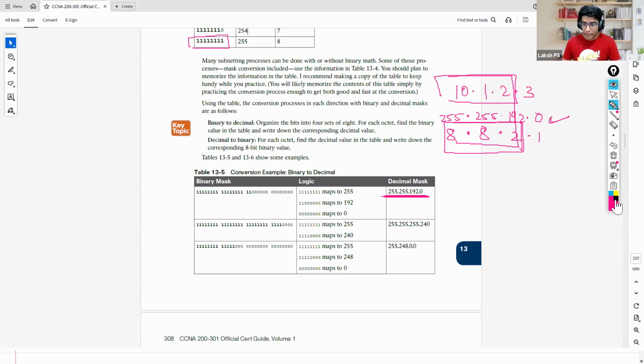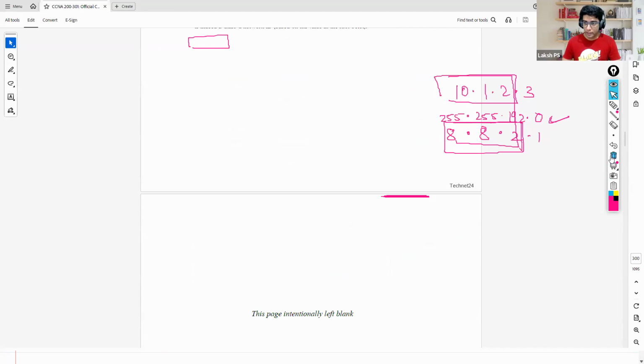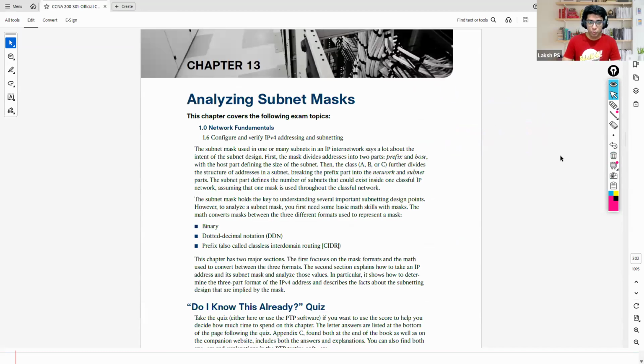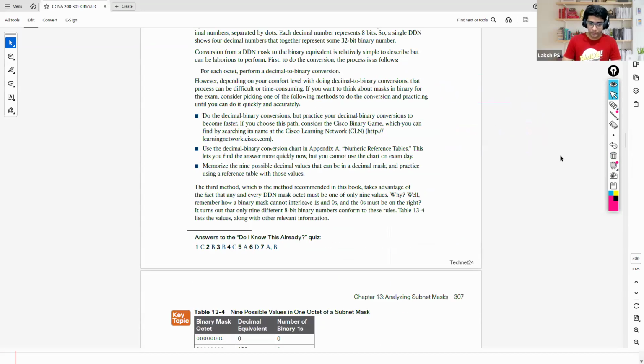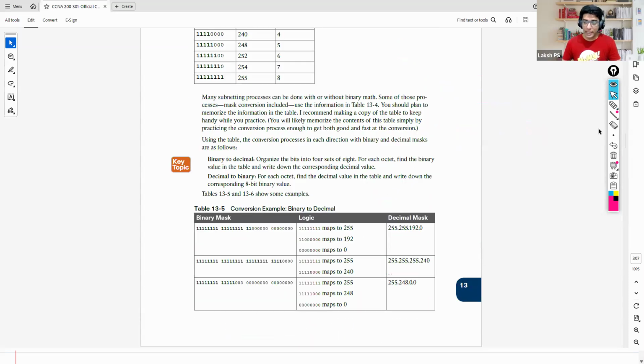Why does it need to find out the number of ones? Because as per the IP address rule, all the ones in an address mask should be on the left hand side, and all the zeros should be on the right hand side. Here you see there are 3 examples.